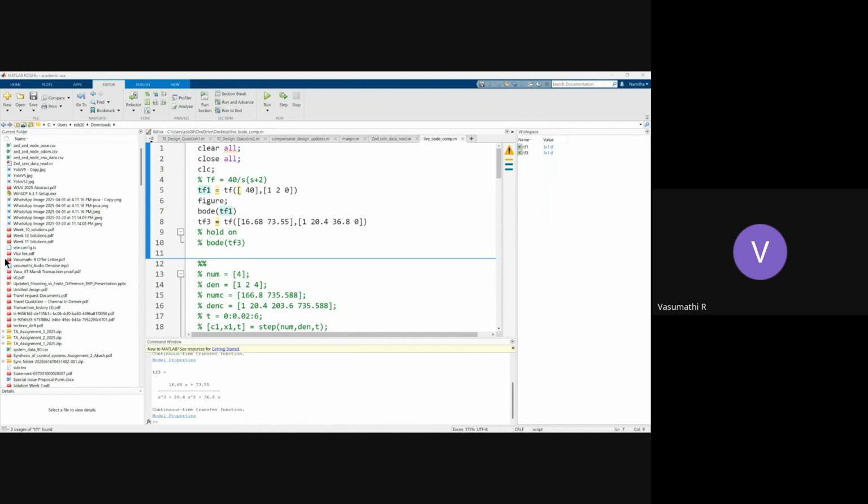Now I'm going to plot the Bode plot for this. When I plot the Bode here, I think the Bode is not visible for it. I will present the window.